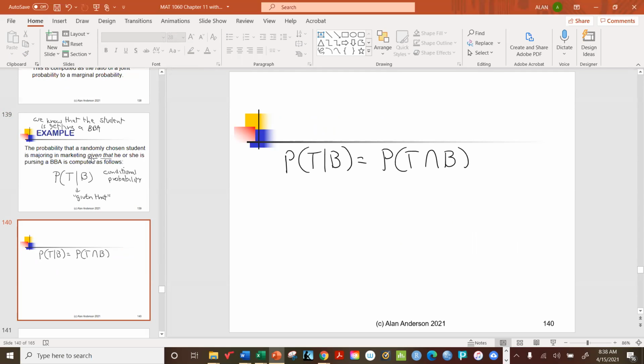And then we're going to divide by the probability of B. Okay, so in other words, in the numerator, we will always have the probability that both of these events are true. And in the denominator, we always have the probability of this second event. And so this is sometimes called the conditioning event. You don't have to remember that, but that's what goes in the denominator here.